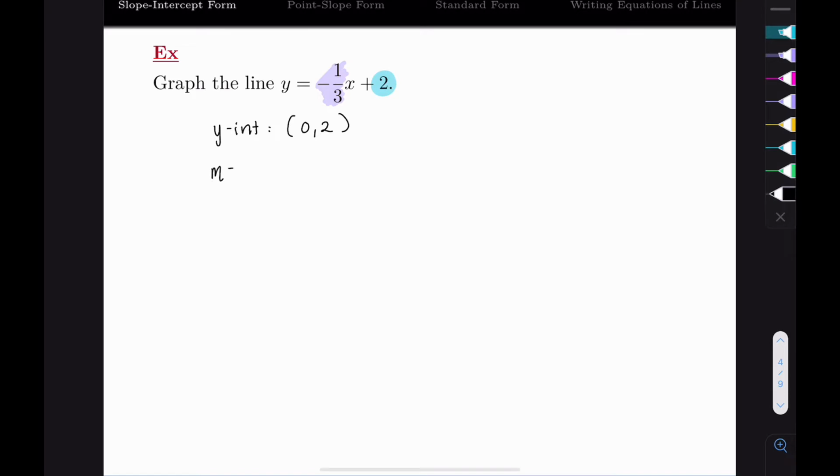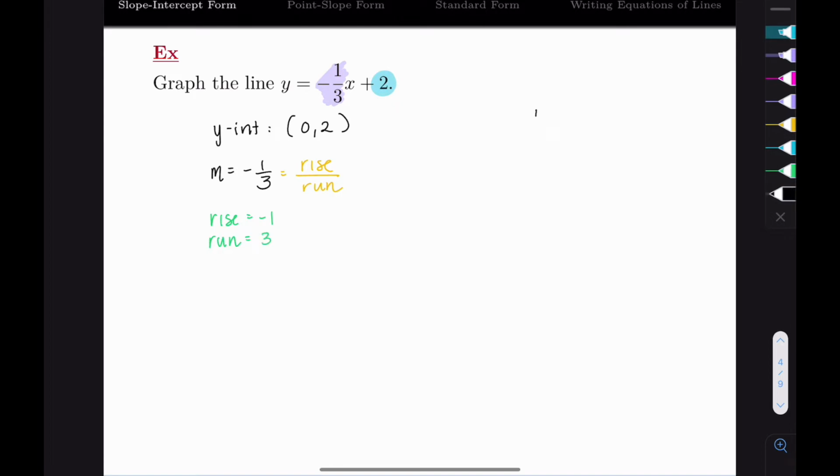Remember, m is equal to -1/3, and this is really representing the rise over the run. The negative really just means, remember, that the graph is falling. So you can think of our rise being -1 and our run being +3.